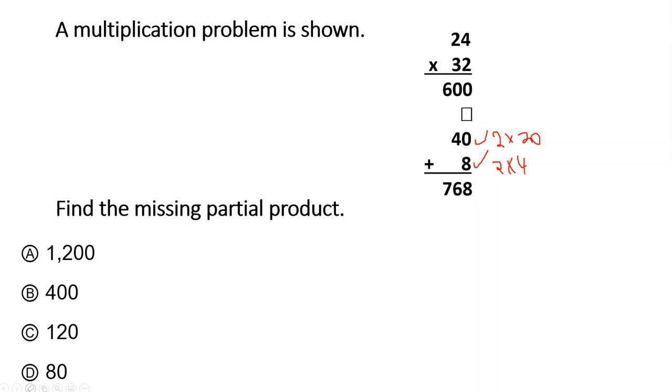Now I need to do 30 times something. I need to do 30 times 4 and 30 times 20. So these are my 2 that are left. 30 times 4 and 30 times 20. Well, 3 times 4 is 12, and that's not 12. 3 times 2 is 6 with the 2 zeros, so that's got to be 30 times 20.